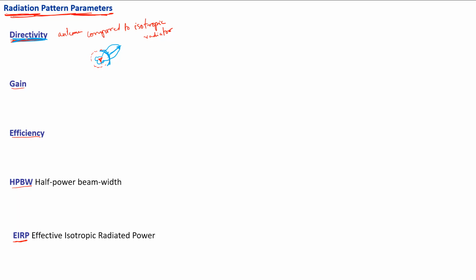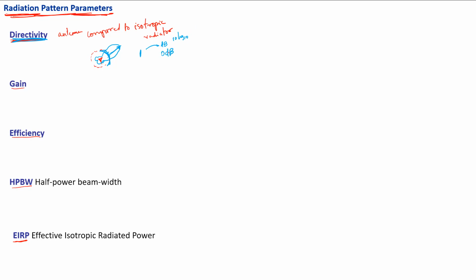So we give a number to it. For an isotropic radiator, which radiates equally in all directions, the directivity value is 1. This is in linear terms. If I convert it to dB, I use 10 log 10 of the directivity, and that becomes 0 dB.